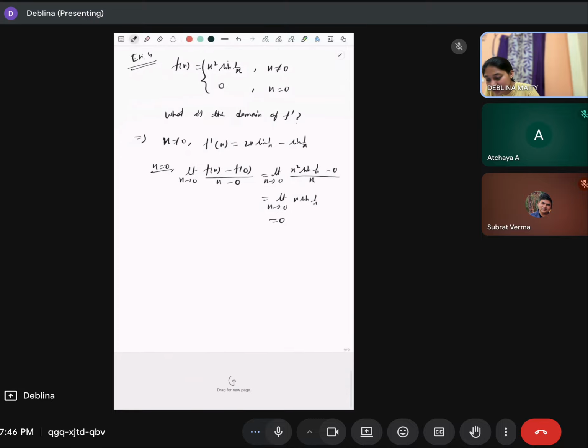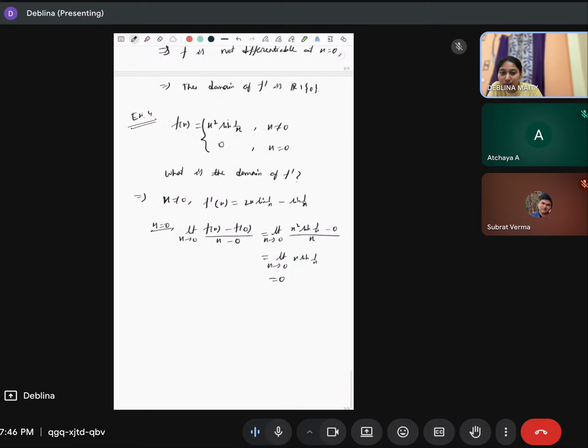So this means this function f is differentiable at the point 0. So f is differentiable at all the points in R. So the domain of f dash is the whole R.